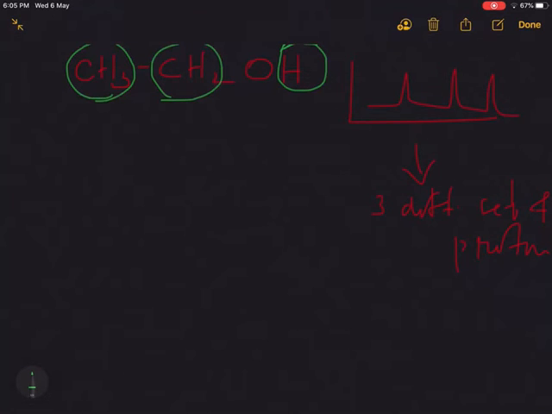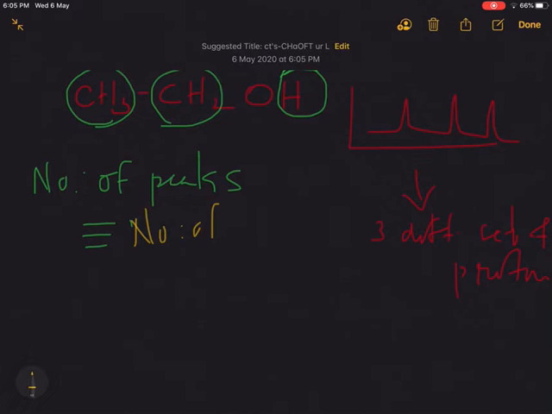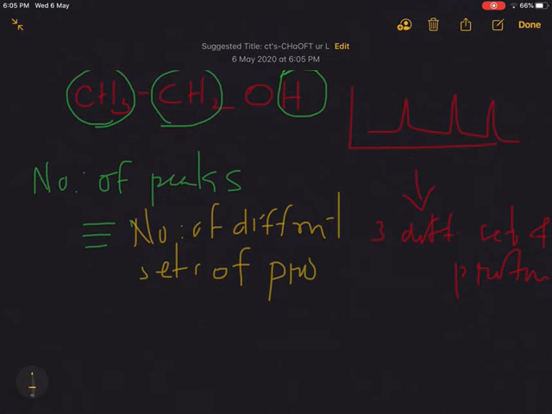Number of peaks in NMR spectra is equivalent to the number of different sets of protons. This is very important.